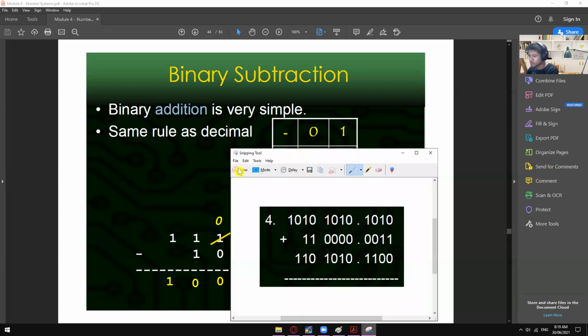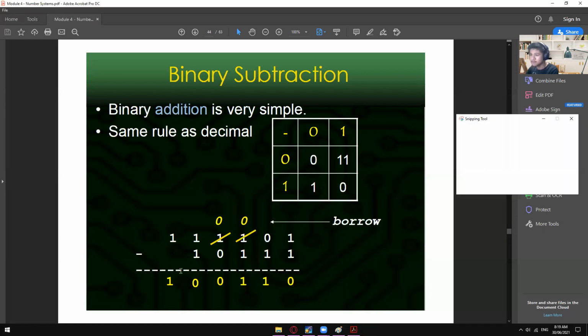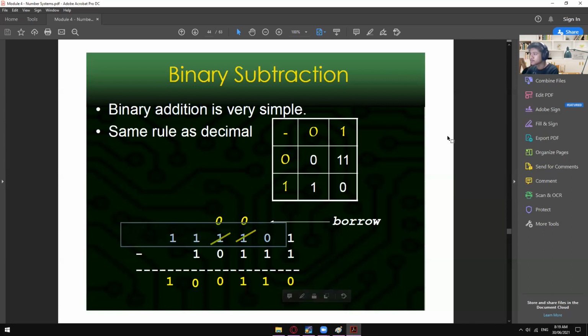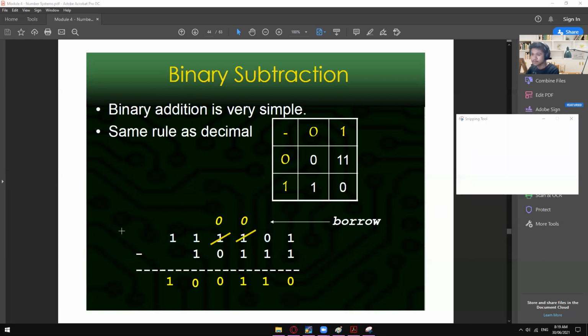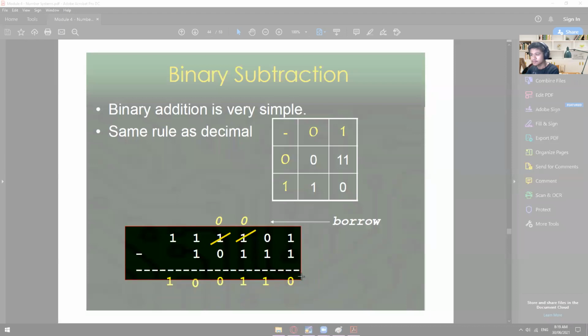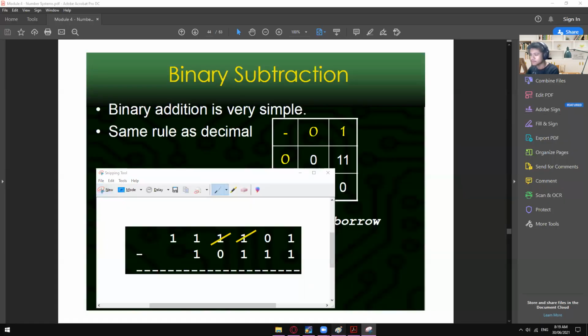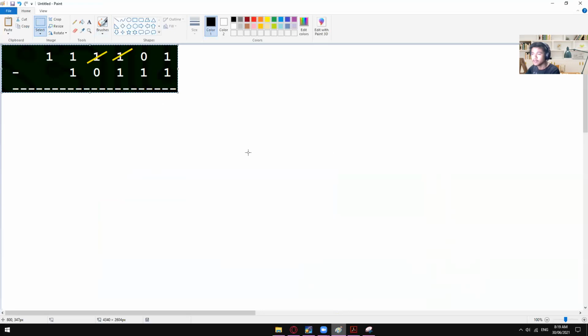So to make this one simple, okay, in binary subtraction, if you're going to borrow, let's say this 0 right here will borrow to this neighbor of him.